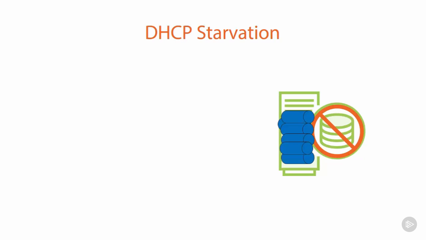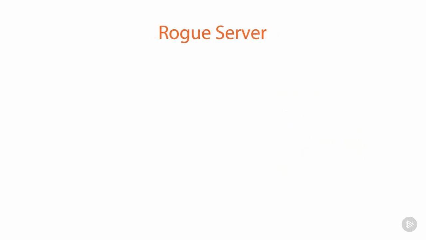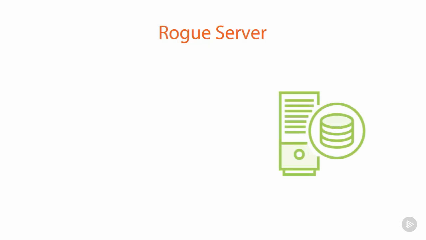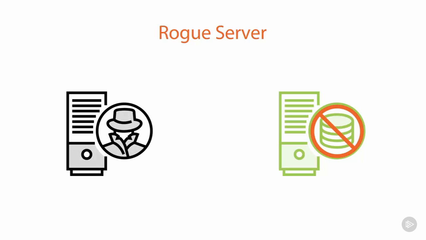Now, if I'm able to accomplish this, my next step would be to implement a rogue server. So if I've got the company's DHCP server and I've done a DHCP starvation attack, my next thing is I'm going to fire up a virtual machine that has my own version of DHCP server on it to start issuing out IP addresses and maybe to implement other things like a spoofed DNS server, which we'll talk about here in a few minutes.